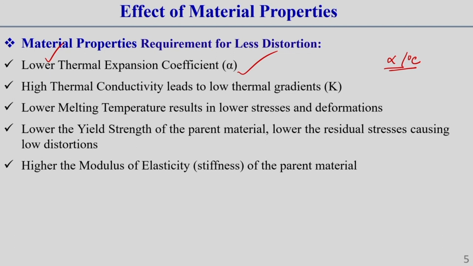The unit of thermal conductivity is watt per meter Kelvin. If the heat can conduct quickly, there is a chance of a less thermal gradient, because heat can spread out very quickly, and the thermal gradient can be uniform throughout the length.